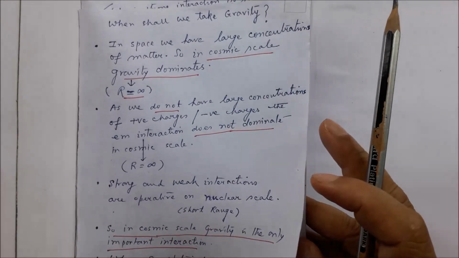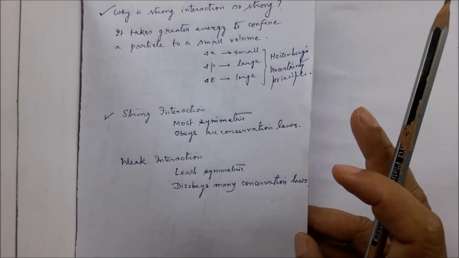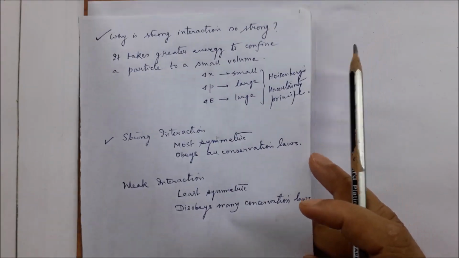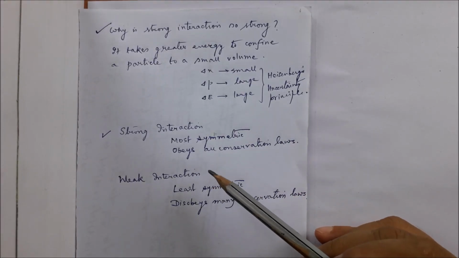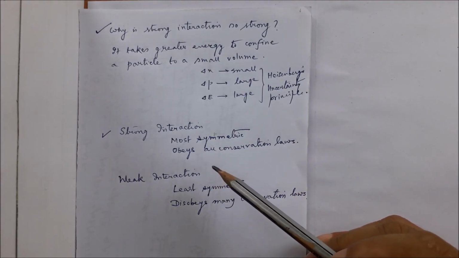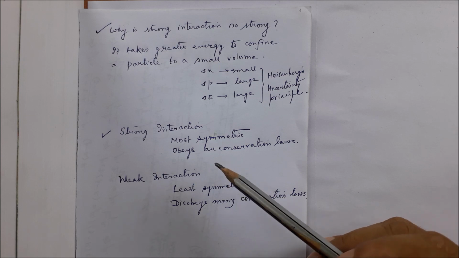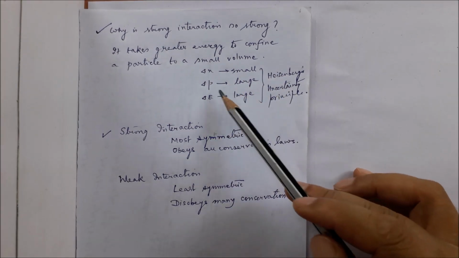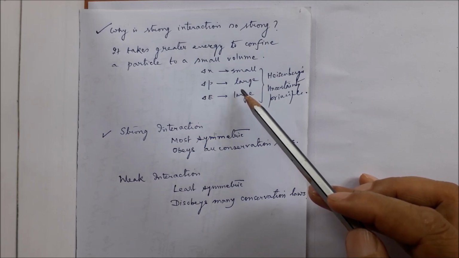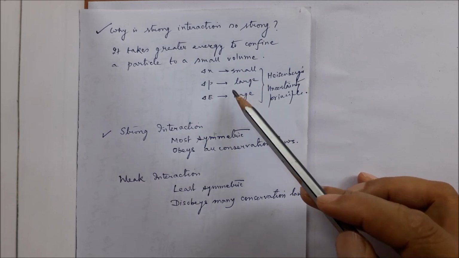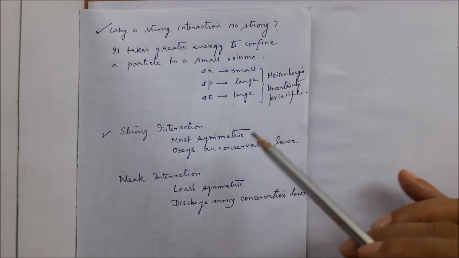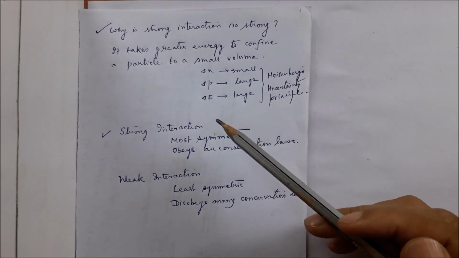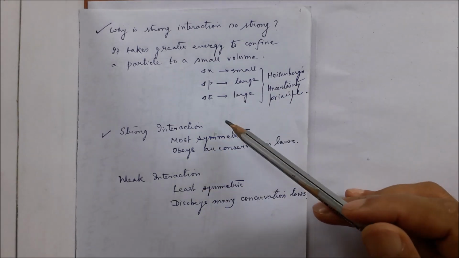Why is it that strong interaction is so strong? This can be guessed because when we put something in a small volume, then delta x tends to 0, and then delta p tends to be very large, and this is needed from Heisenberg's uncertainty principle, and so too much energy gets into the system.